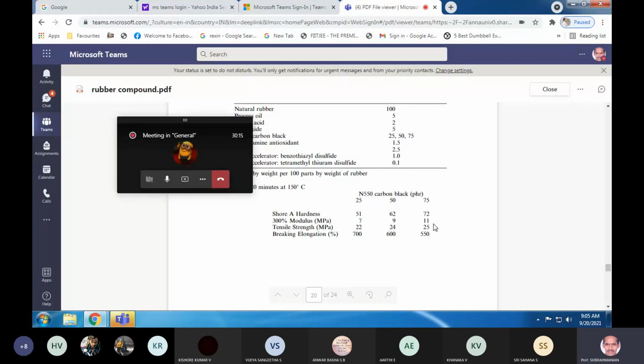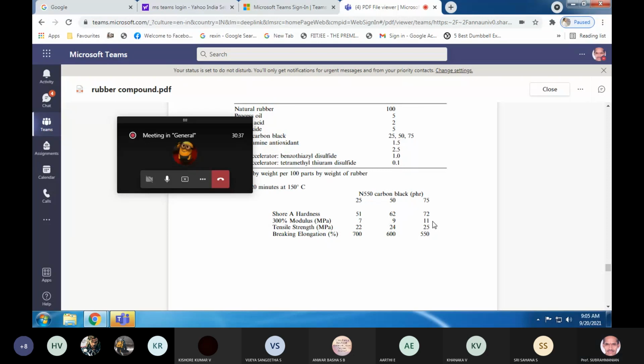High tensile and high elongation, listen very carefully, are the fundamental requirement for any rubber product, because we use the rubber to store enormous elastic energy.